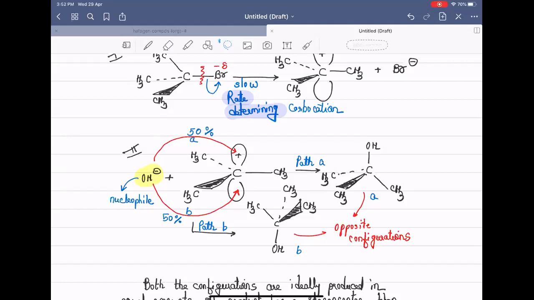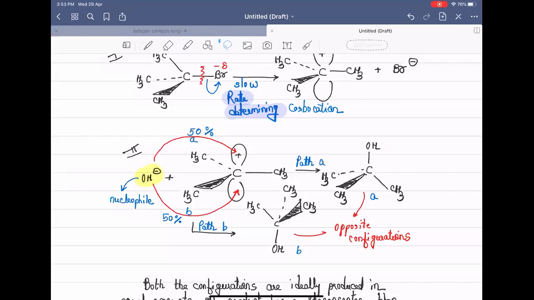That's the fourth option. Now, if a question like this is asked in your board exam, just remember one thing. Your answer would be 50% inversion and 50% retention.